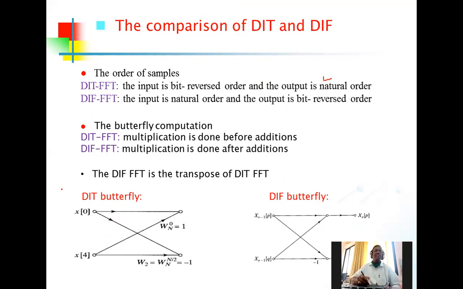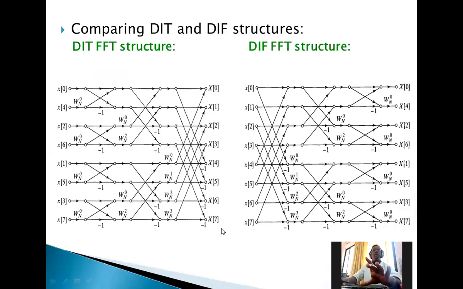The second difference is that in DIT FFT the multiplication is done before the addition, meaning on the input side, whereas in the DIF FFT algorithm the multiplication is done after the addition. This is the butterfly diagram difference.